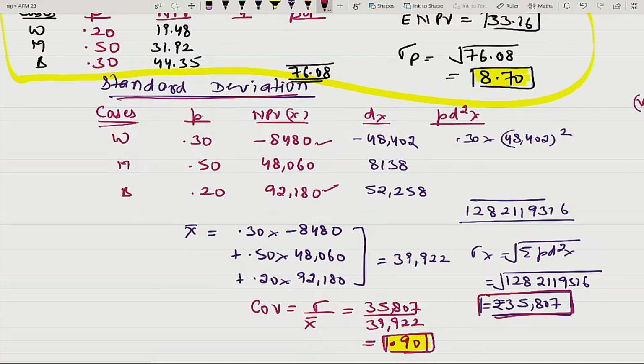Its cases worst, middle and best, probabilities, NPVs you have, and then you can calculate the COV. Then you calculate COV.